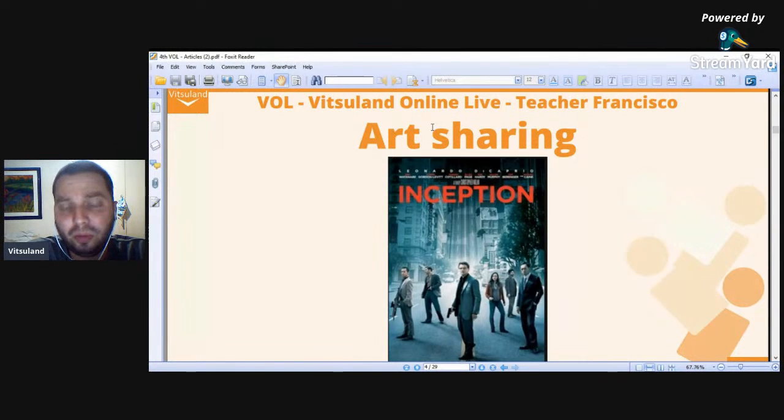All right, so today we're going to talk about Inception. Do you know this movie? Have you ever seen it? It's a movie related to dreams, and a dream is something really abstract that we deal with when we are sleeping, for example.